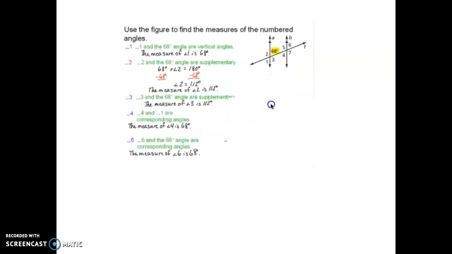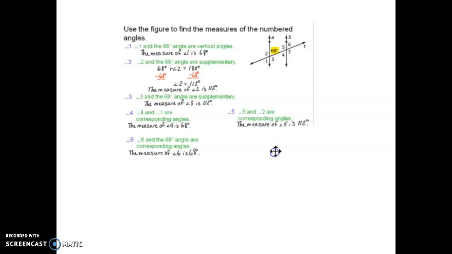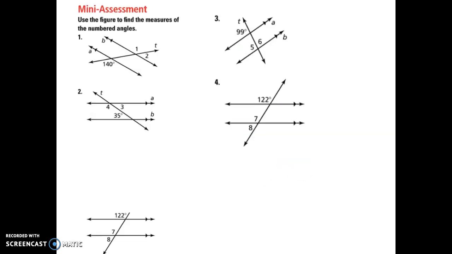And then we also have over here that 5 and 2 are corresponding angles. So 5 is 112 because 2 is 112 degrees, and then 7 and 3 are corresponding angles, and so they are congruent. All right. Now, I have a mini assessment here for you. 1, 2, 3, 4.